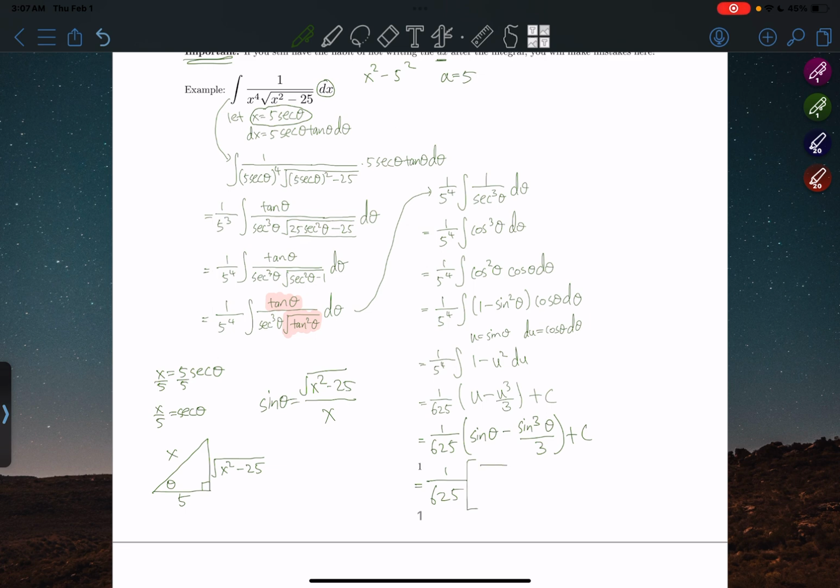Sine theta is this whole big radical thing, so square root of x squared minus 25 over x, minus, I'll just put a 1/3 in the front to save a little bit of spacing here, radical x squared minus 25 over x to the third power, plus c. And that, ladies and gents, is the final answer for this problem.